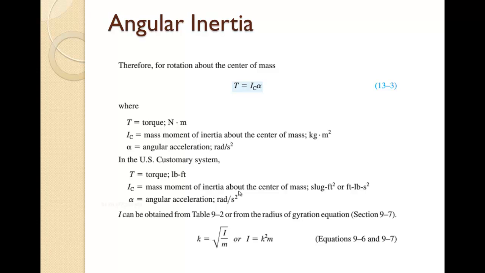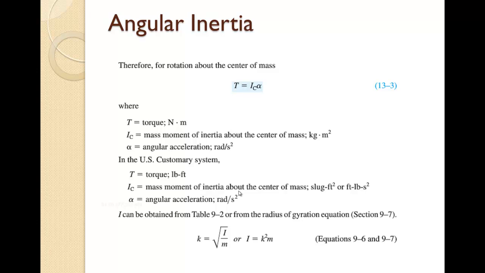Now in the English system, torque is represented by pound-foot or foot-pounds. The mass moment of inertia about the center of mass is in slug-feet squared or foot-pound second squared. Not per second, foot-pound second squared. And angular acceleration is radians per second squared.